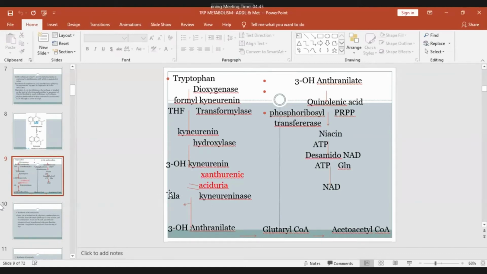Kynureninase converts it to 3-hydroxy anthranilate, and 3-hydroxy anthranilate is then acted upon. This is another pathway from which niacinamide can be formed. So at this stage, instead of being converted to acrylyl amino fumarate, 3-hydroxy anthranilate will now be converted to quinolinic acid.